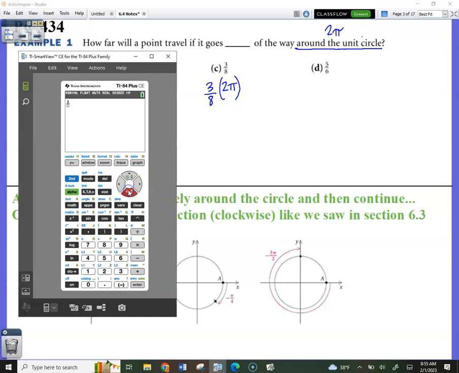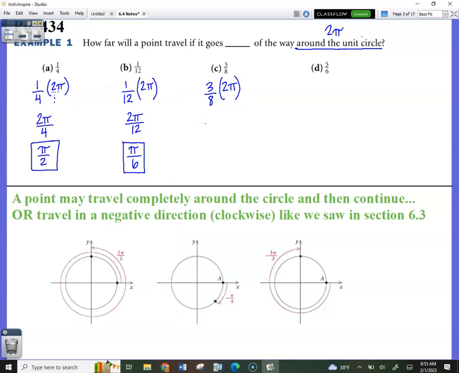So 3/8 times 2, and you get 3/4. You would have to remember to write the pi. If you're doing it in your head, multiply straight across, you got 6 pi over 8, and 6 over 8 reduces to 3/4.